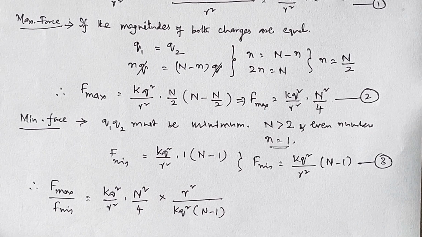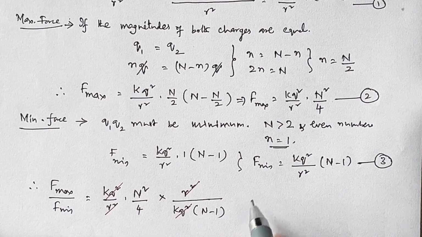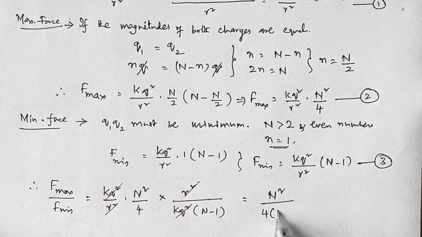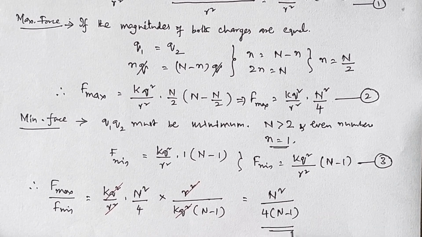So what things cancel each other? Here K Q square, R square cancel. So we are left with N square by 4 into N minus 1. So our answer is N square by 4 into N minus 1.